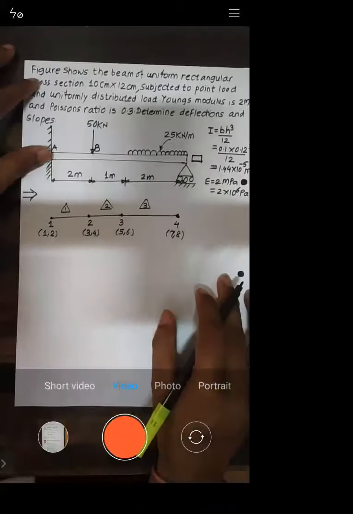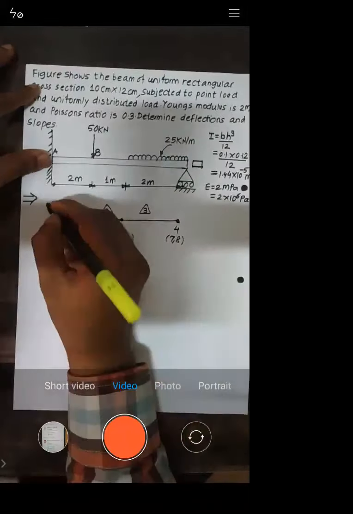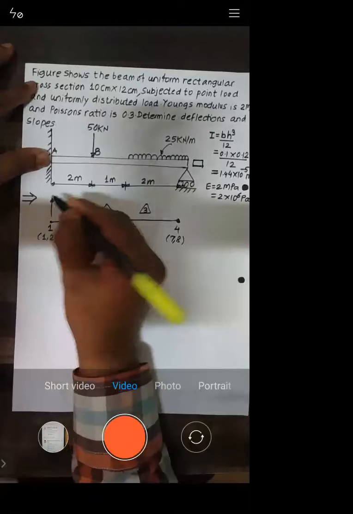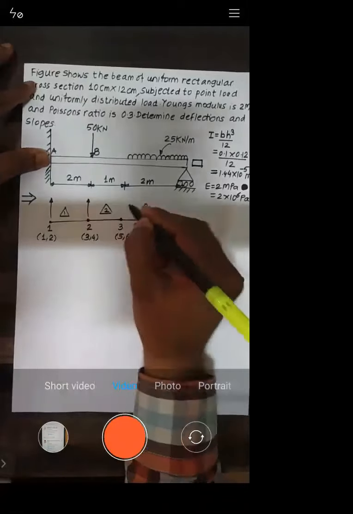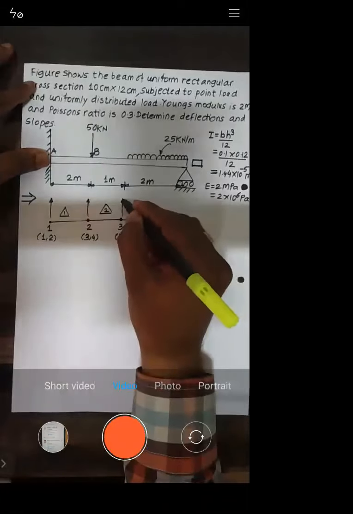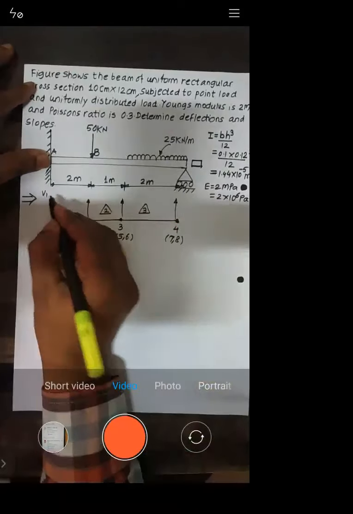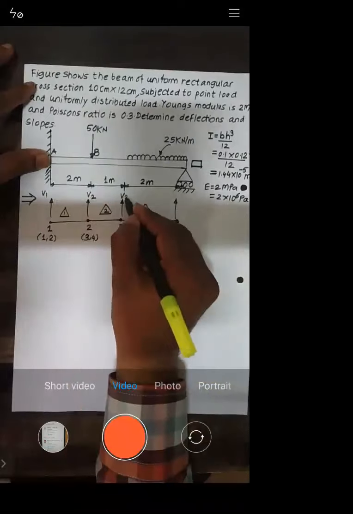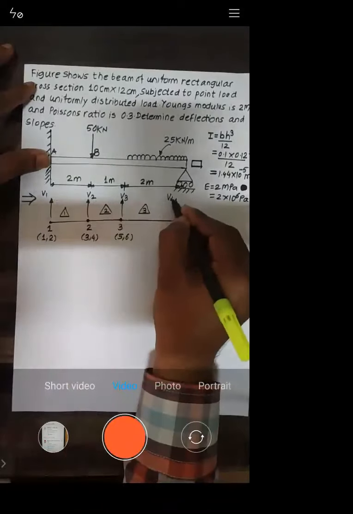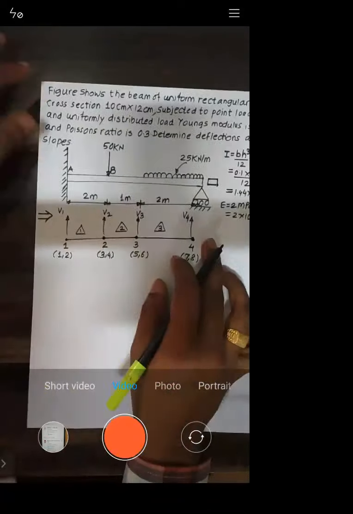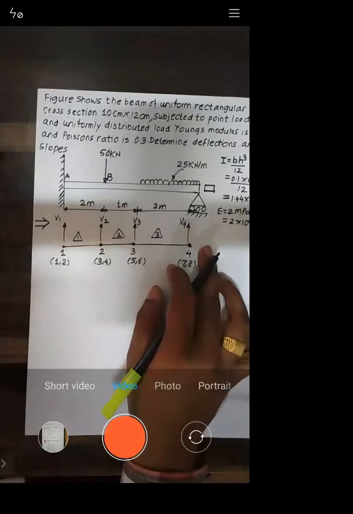Each node will have 2 degrees of freedom. Each node will have vertical displacement, so that we will call V1, V2, V3, and V4. These are vertical displacements.